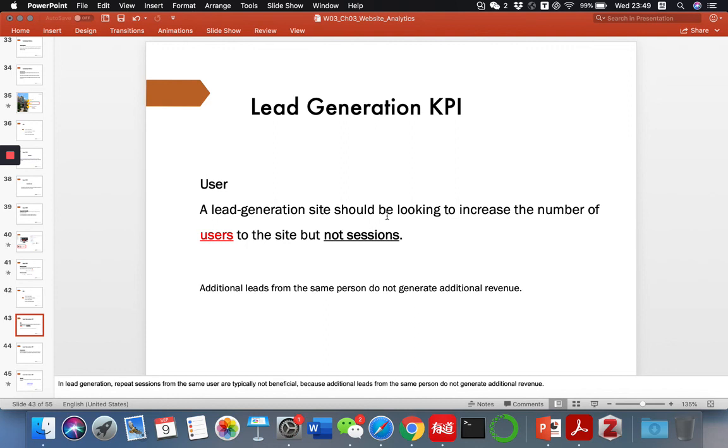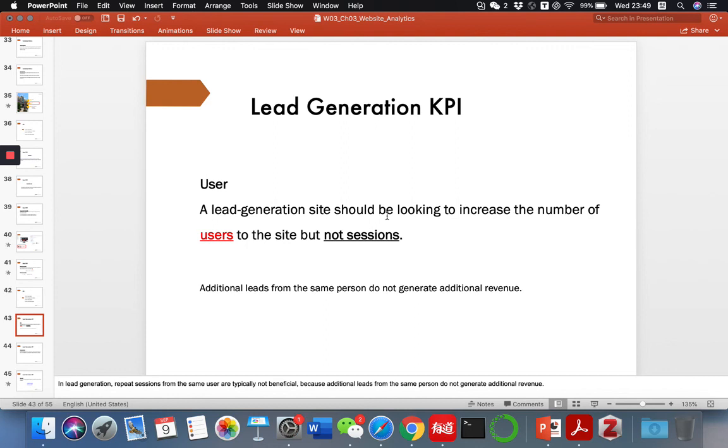Theoretically, one session means one user, but different sessions could refer to the same user, right?